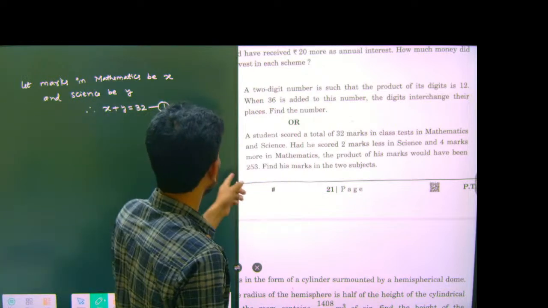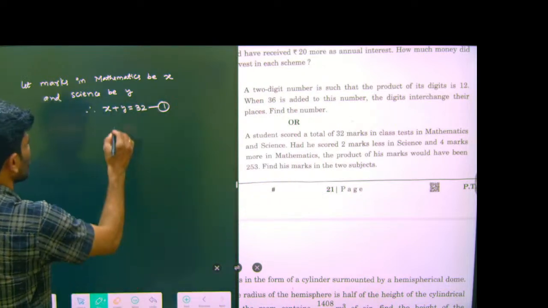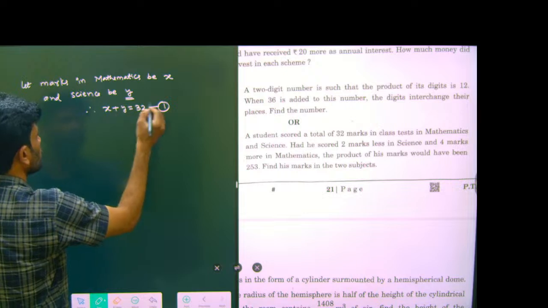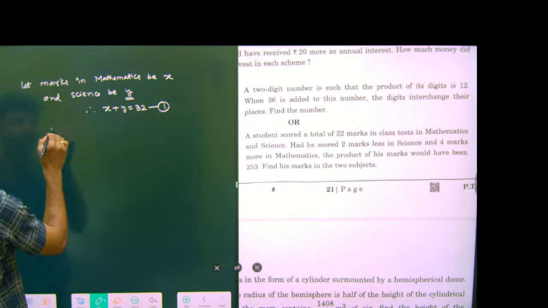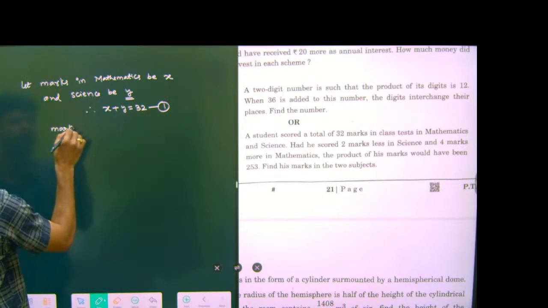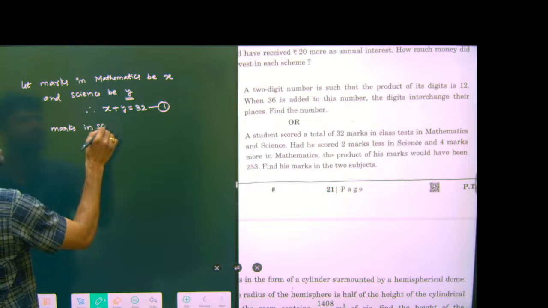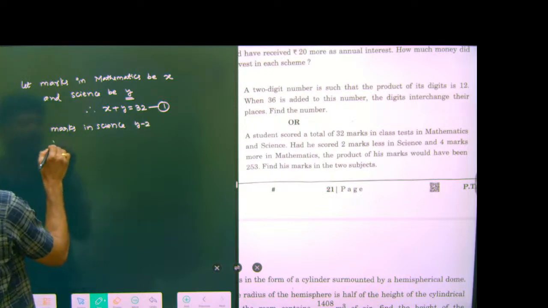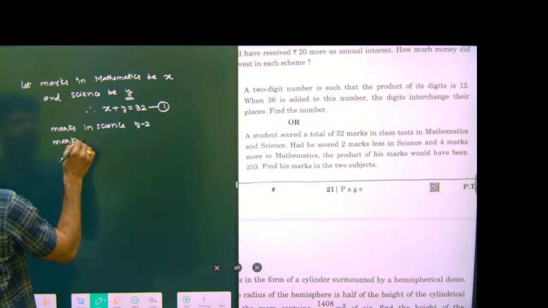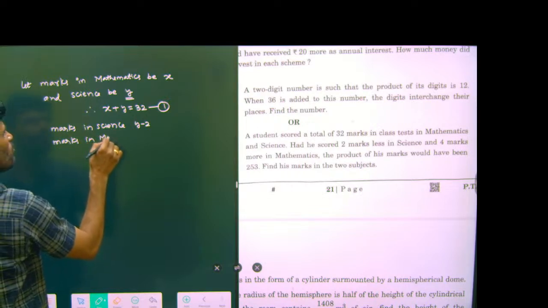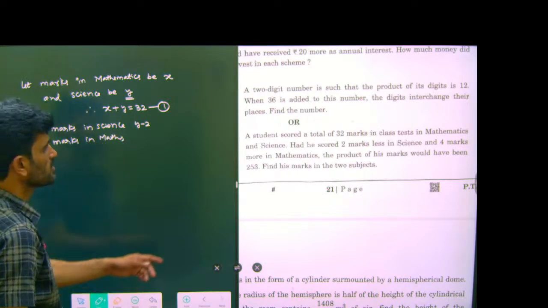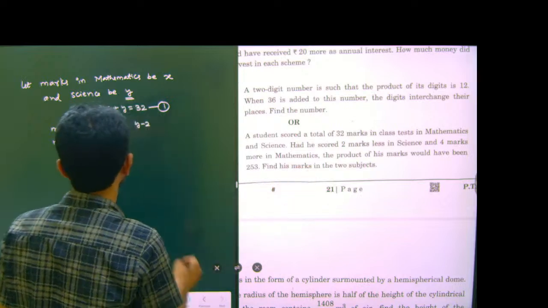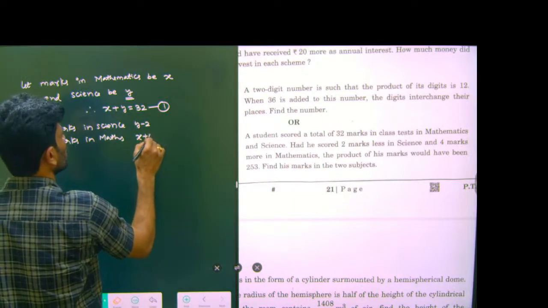And another condition, he had scored 2 marks less in science and 4 marks more in mathematics. We have taken science marks y, then 2 marks less in science, then marks in science in the next case is y minus 2, and marks in maths 4 more, so x plus 4.